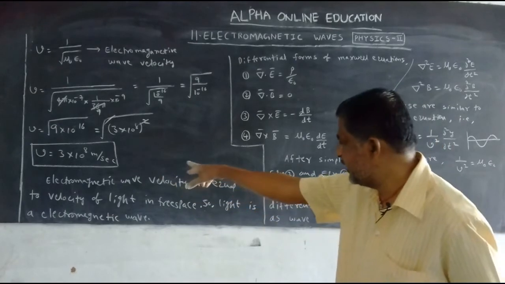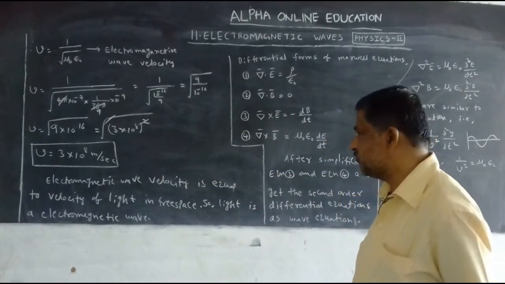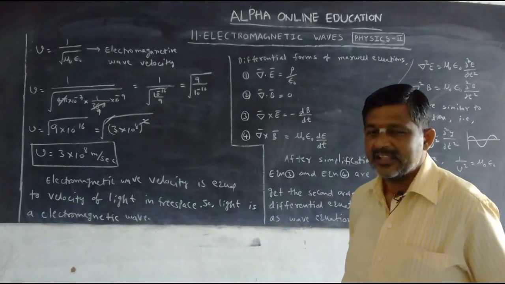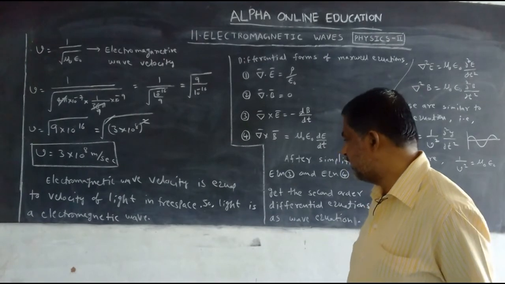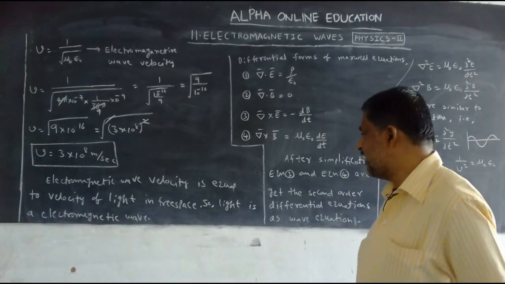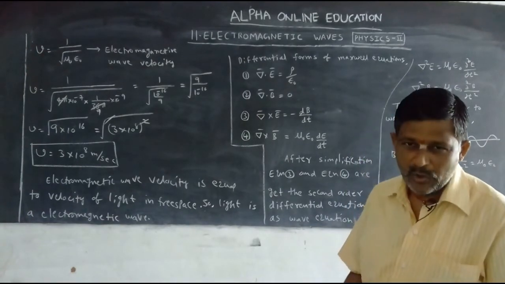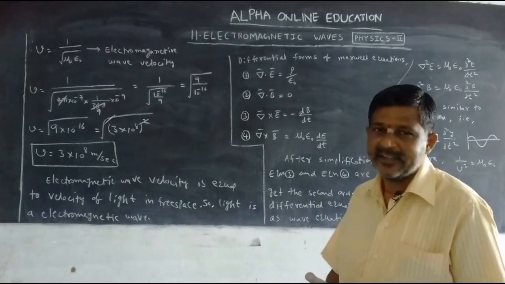How much is the velocity of light in free space? 3 into 10 to the power of 8 meters per second. That's why he concluded the electromagnetic wave velocity is equal to the velocity of light in free space. So he says light is an electromagnetic wave.